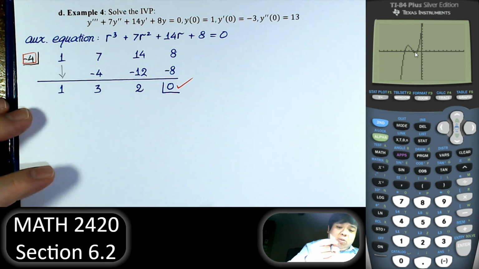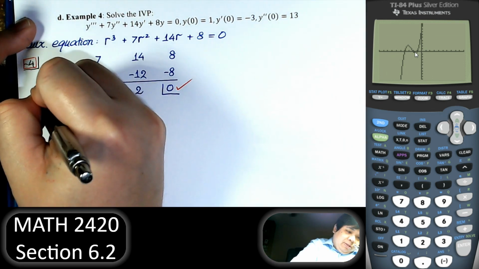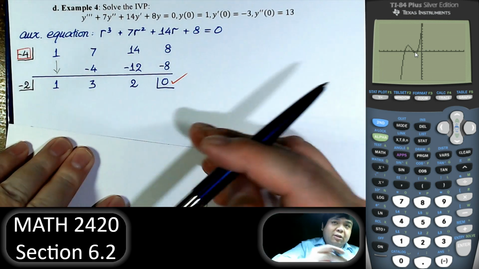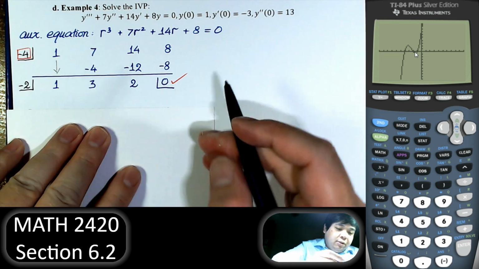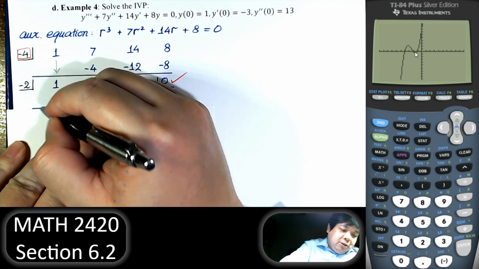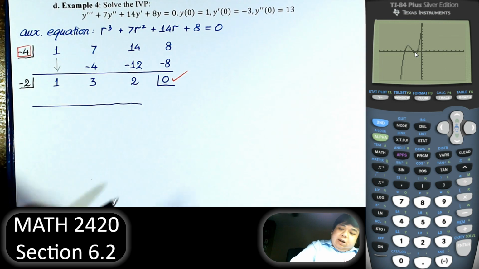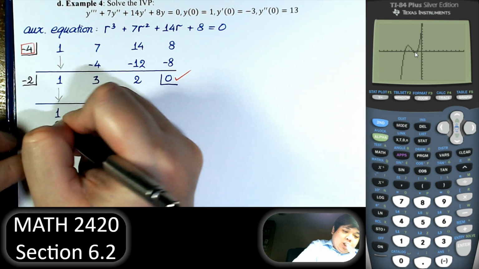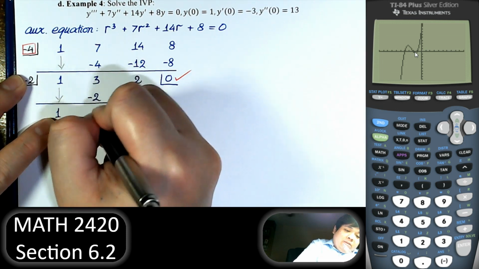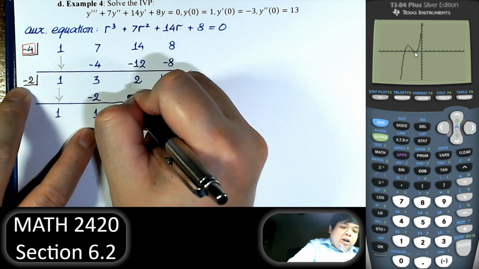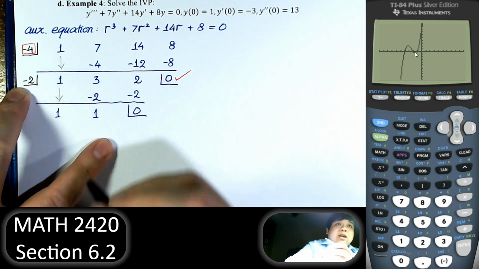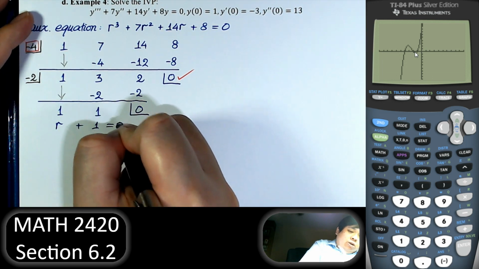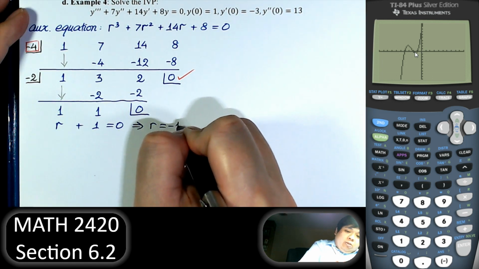Next we have -2 and -1, but we'll just keep dividing. Drop the first number, so we can multiply, put in the next column and add, multiply, put in the next column and add. So we have 1 and 1, which represent r plus 1 equal to 0. So we have r equal to -1.